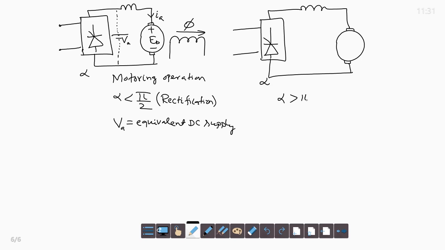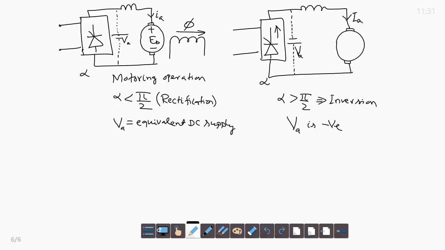Alpha more than pi by 2 implies inversion mode. If alpha is more than pi by 2, VA is negative. So, equivalent battery will be like this. This is the equivalent battery VA. The machine current cannot change direction, because converter always allows current in one direction. So, IA is only positive.